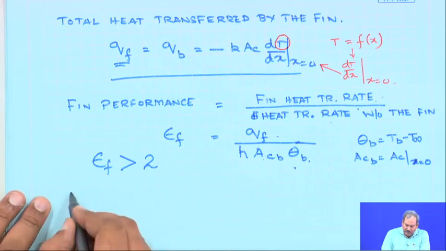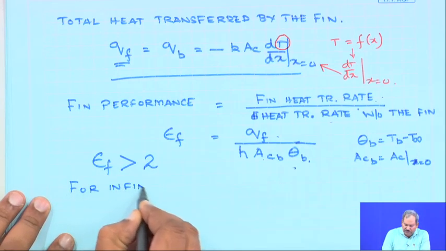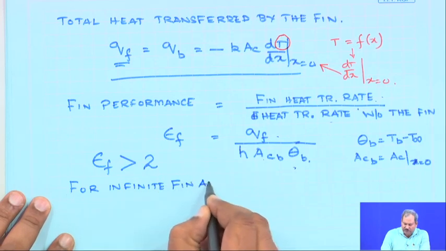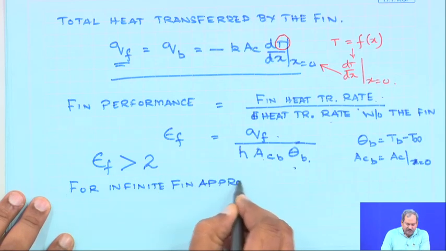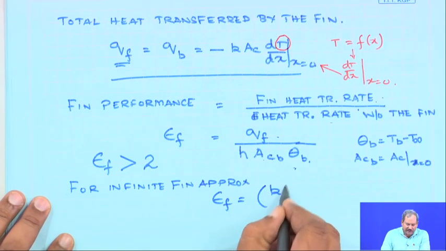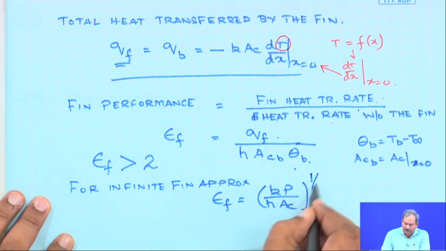Now, to give you an example for infinite fin approximation, the expression for epsilon f turns out to be Kp by hAc to the power half.